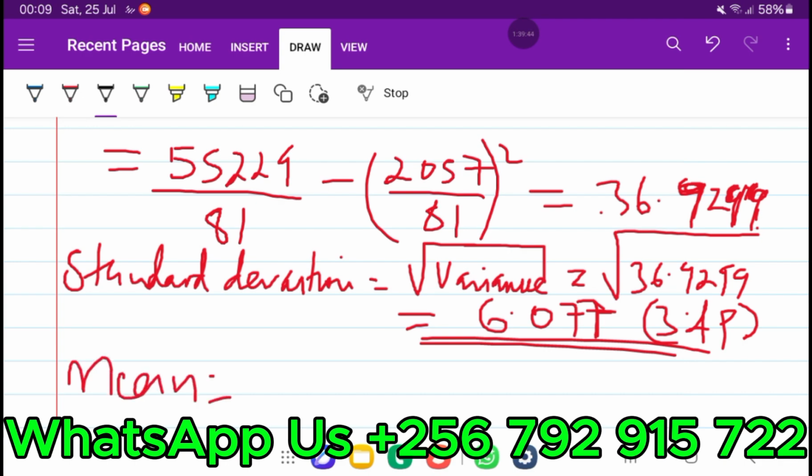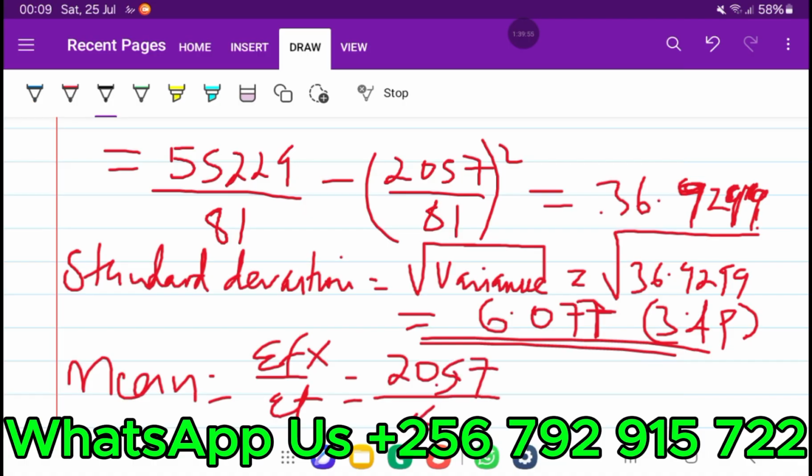The mean is summation fx over summation f, which is 2057 divided by 81, and that gives you 25.3951.